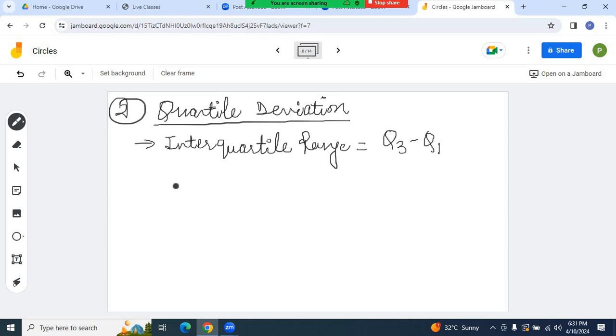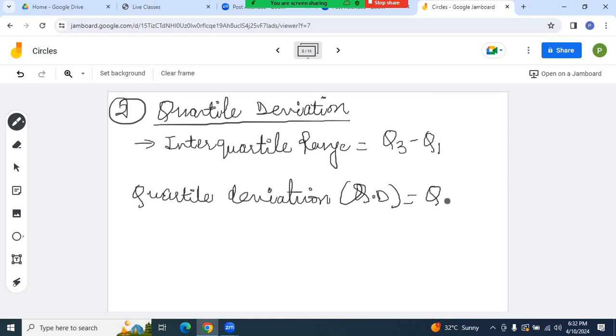After knowing this interquartile range, we divide by 2. That becomes quartile deviation. Quartile deviation, we also write QD, is Q3 minus Q1 upon 2.